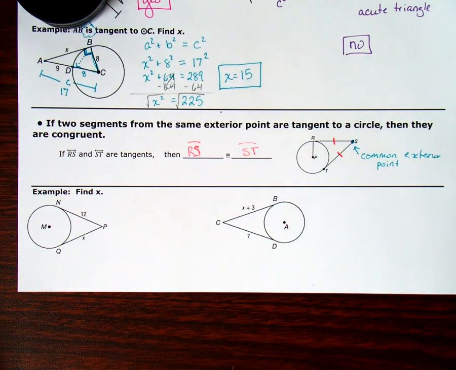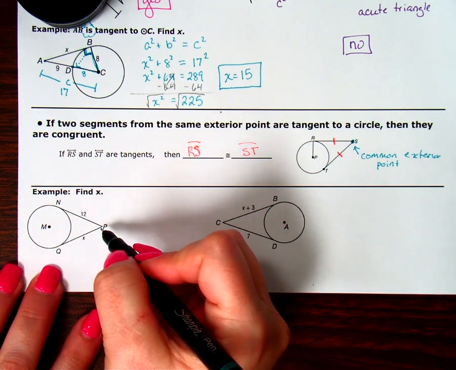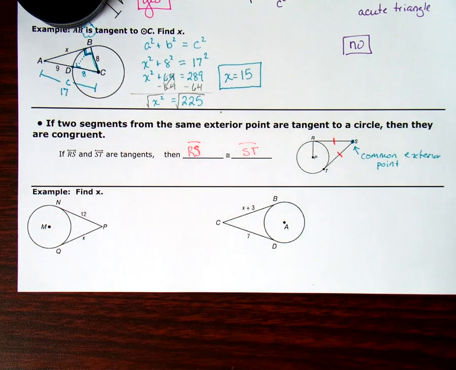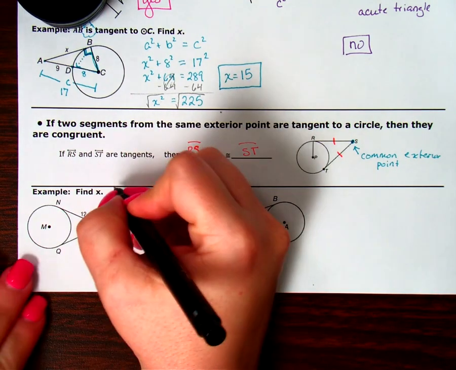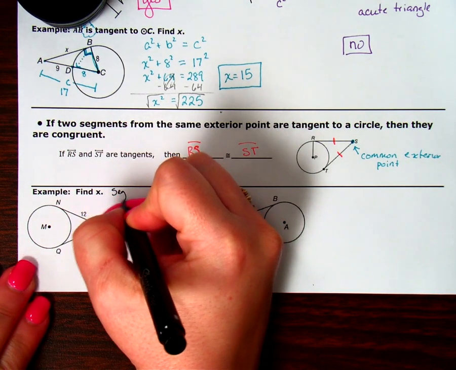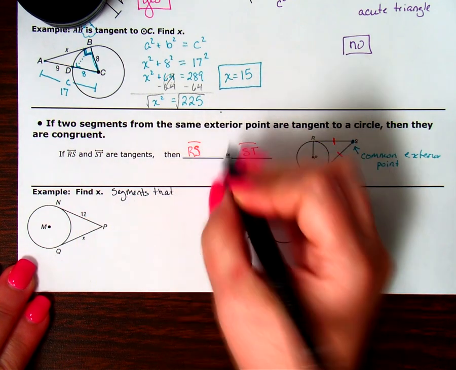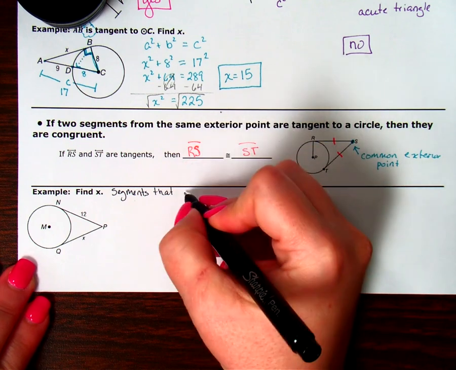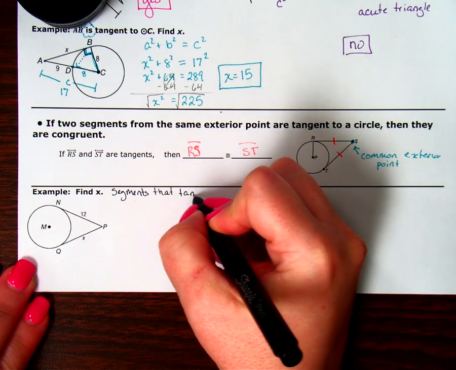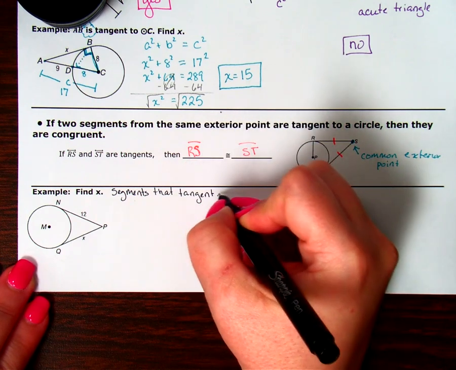Okay, so when I look at my examples and it says to find x, well, the first one's super simple, right? If these are tangent segments, and we probably need to add that into our directions. Segments that appear, and you'll see this in your assignment, segments that appear tangent are tangent.